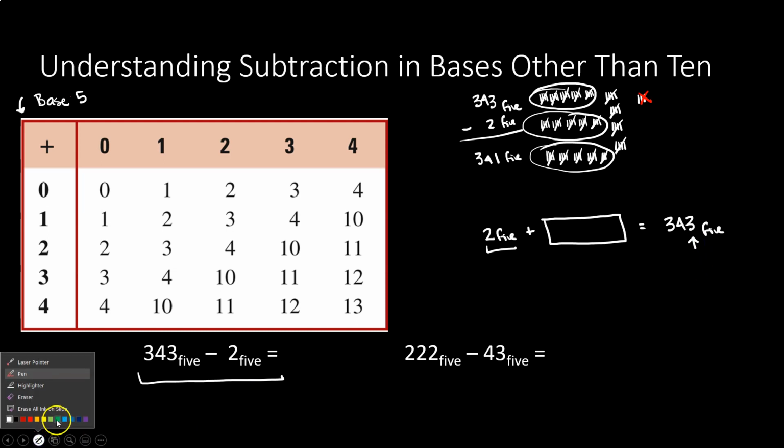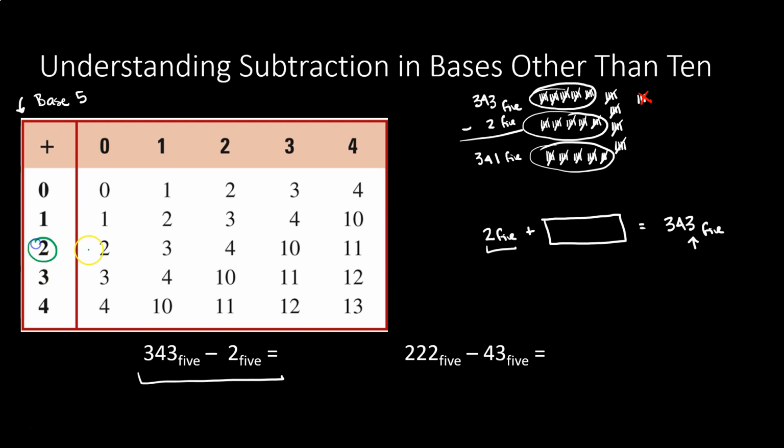So I can go to my addition table and look at all of the numbers that I could possibly get when adding 2 to another digit. Notice I want a 3, so the only possibility would be if I added 1. So 2 plus 1 gives me that 3 that I want.